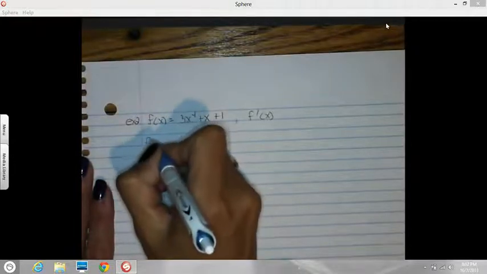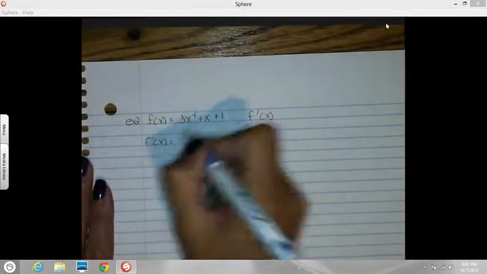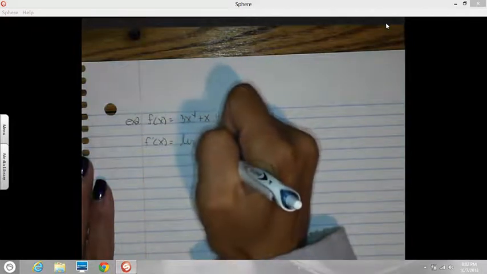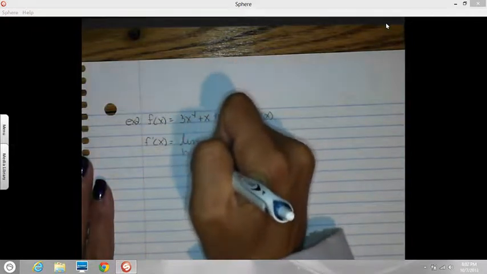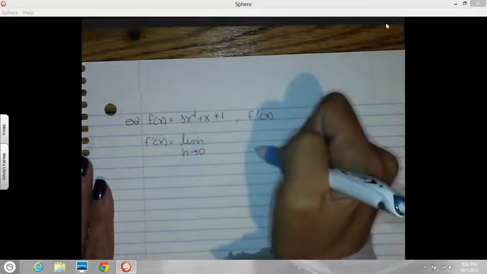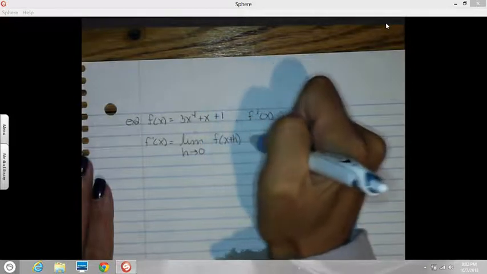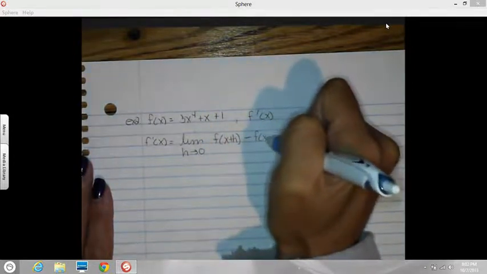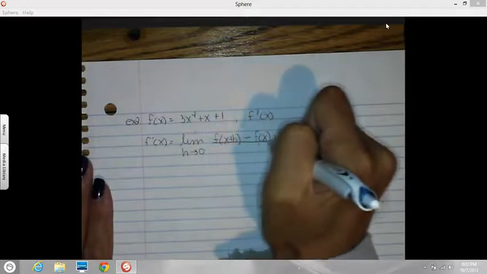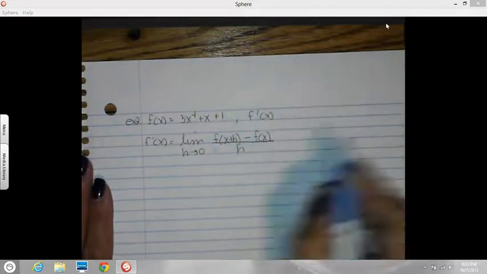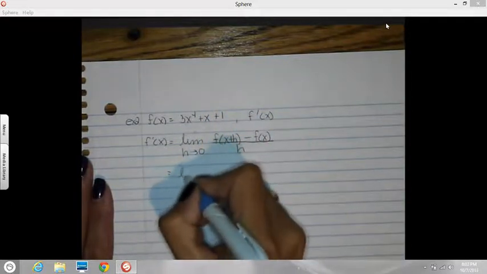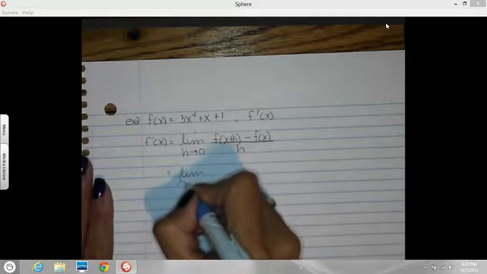So f prime of x is the limit as h approaches 0 of, and I'm going to write the definition out, then we'll substitute in. It was f of x plus h minus f of x all over h. So the limit as h approaches 0.